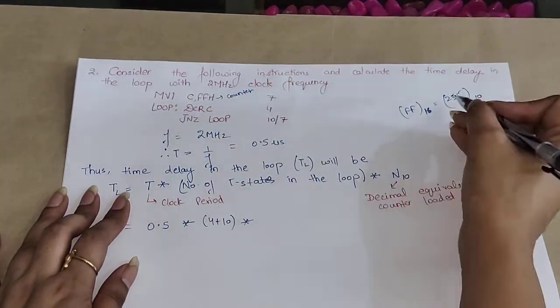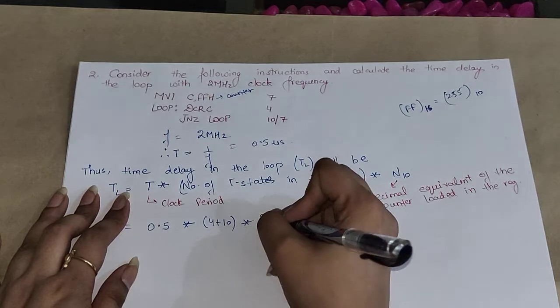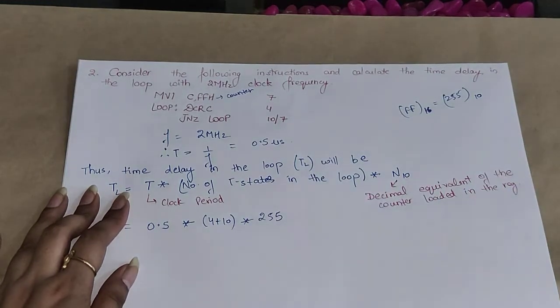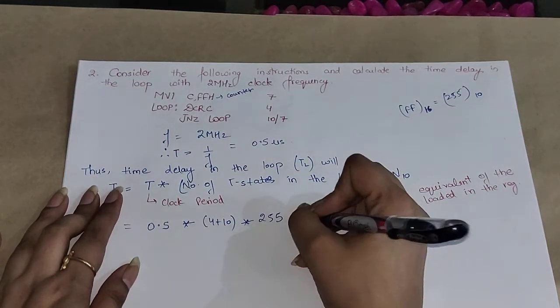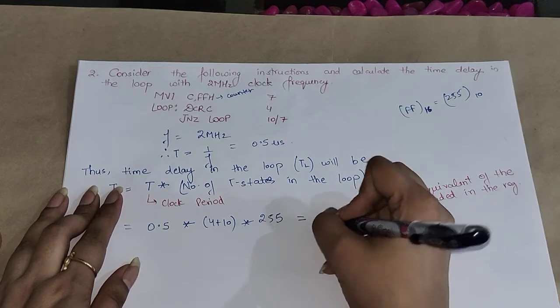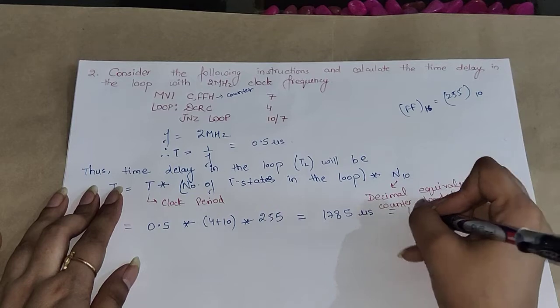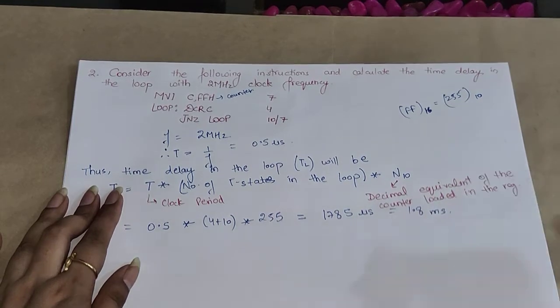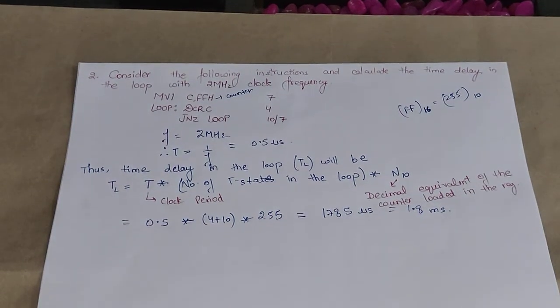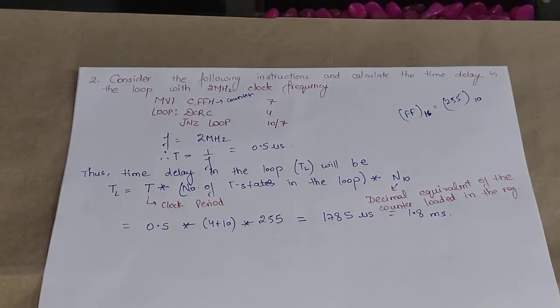N10 is FFH, 255. FF is equivalent to 255 in decimal. So this is equivalent to 1785 microseconds, or you can write 1.8 milliseconds. So this is the time delay in the loop.